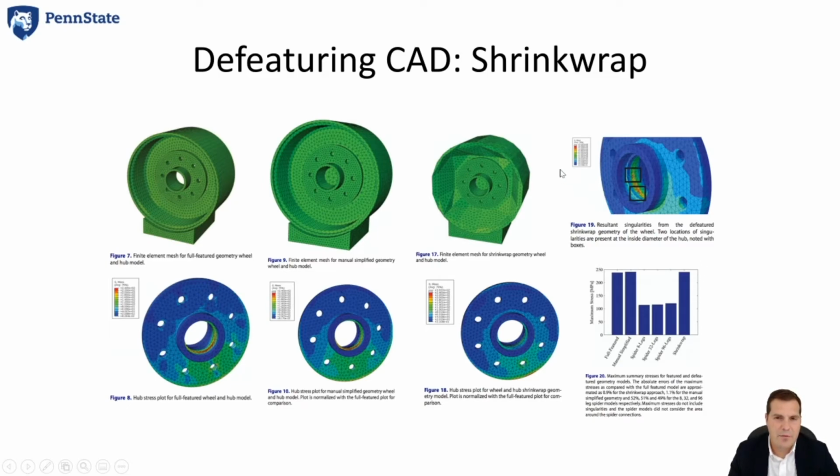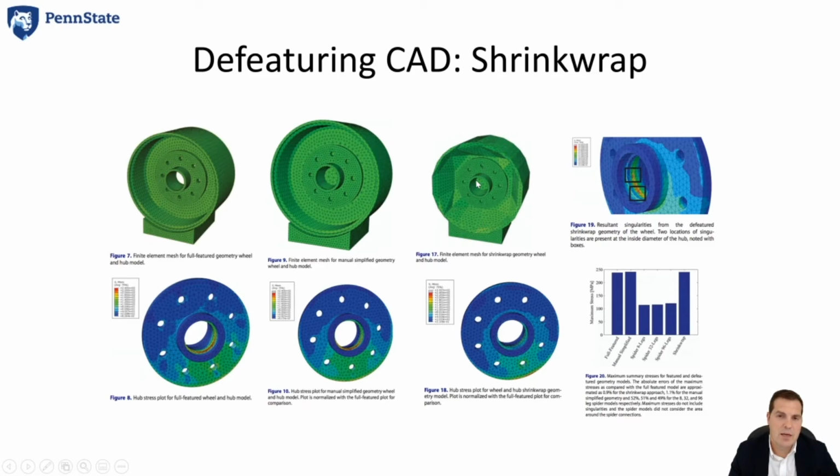It turns out for this problem, there was this complex wheel, this hub, okay? And what they really wanted to know about is the hub stress. They wanted to know that. And so they needed boundary conditions. So instead of going full, they did one case where they did full resolution with all the geometry, and then they did a simplified model, and then they did a shrink wrap.